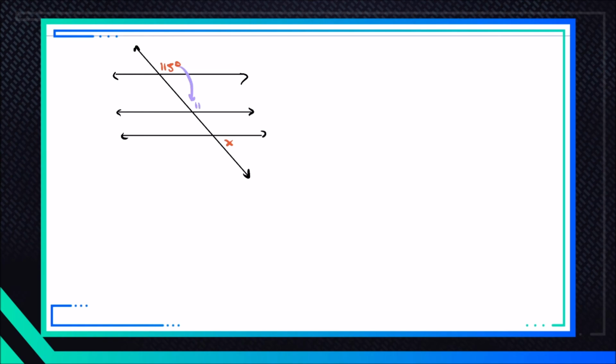That's going to be 115 degrees. That's going to be 115 degrees. Now we're on a straight line, so we're going to take 180 minus 115 degrees, and we find that that angle is equal to 65 degrees.